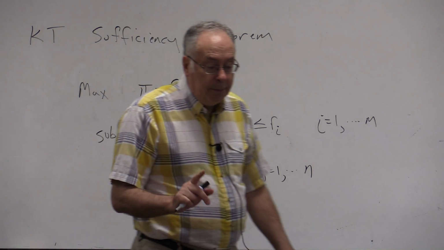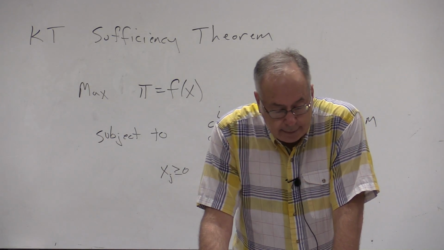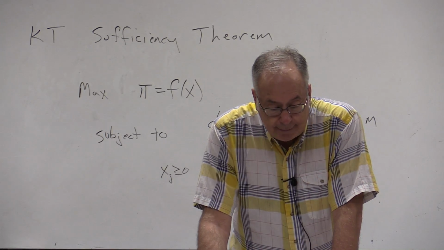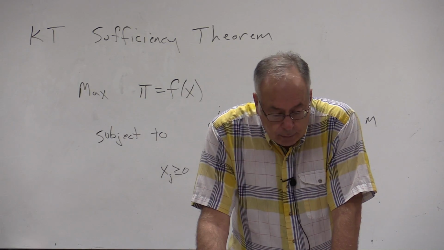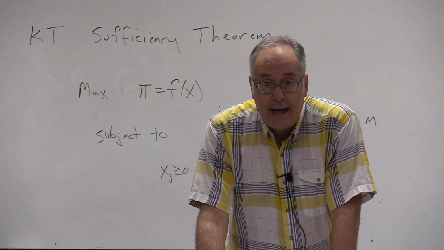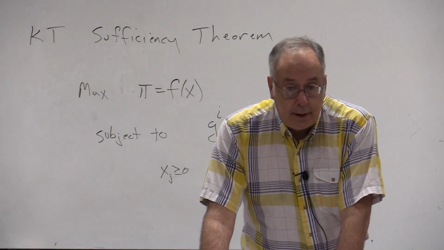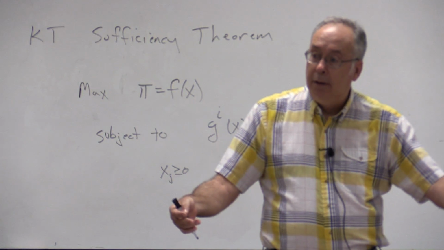Suppose furthermore, that's part A in the book, each constraint function is differentiable and convex. Actually, it says we're assuming our function is differentiable and concave in the non-negative orthant. That just means that each of the x's is greater than or equal to 0.